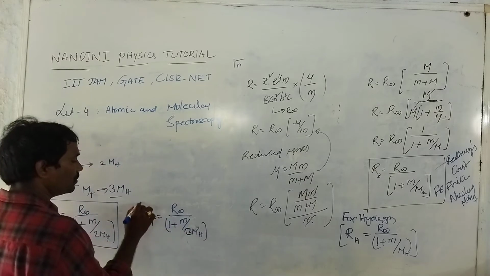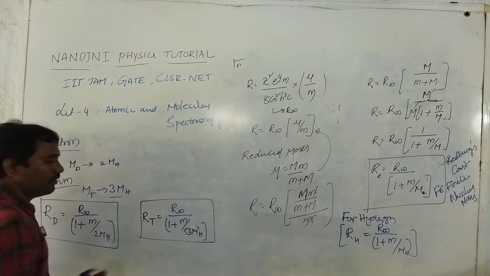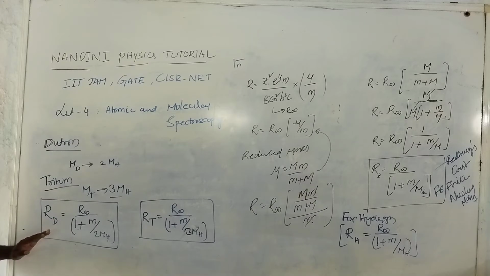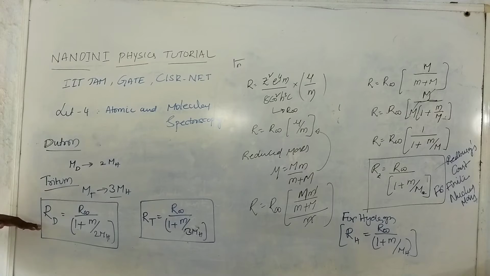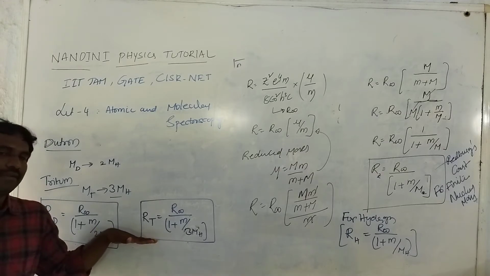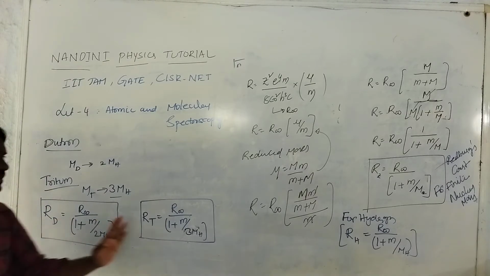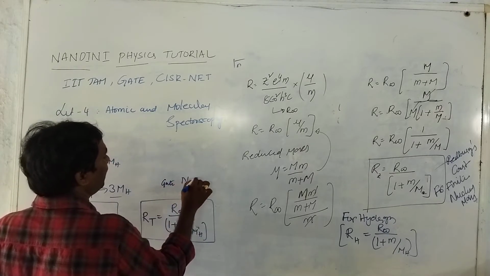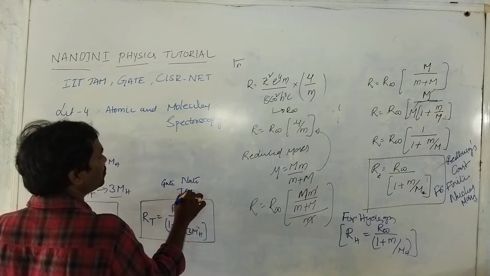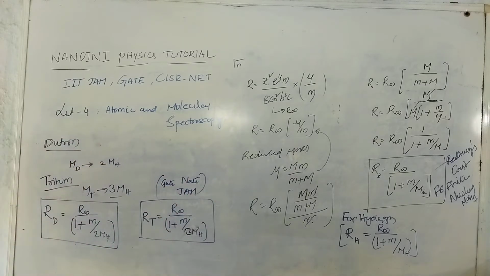So this is the equation of the hydrogen Rydberg constant, the deuteron Rydberg constant and the tritium Rydberg constant. These formulas are very important for GATE, NET and other exams. So please learn them by heart. In the next class we will discuss problems based on this type of equations.